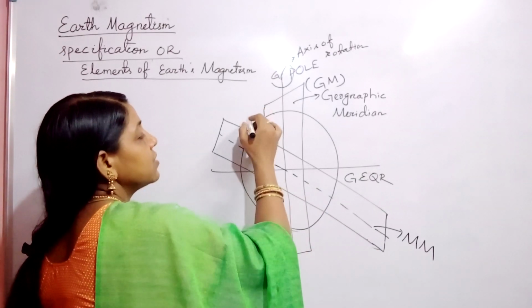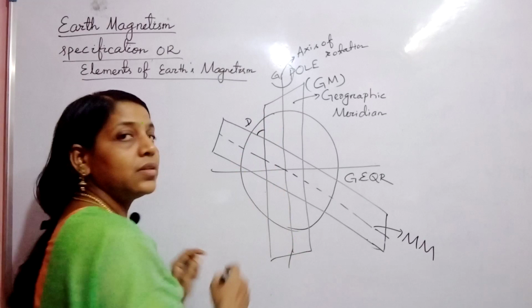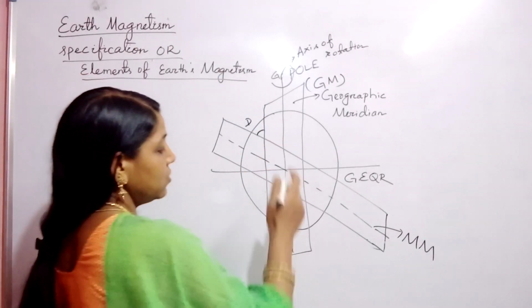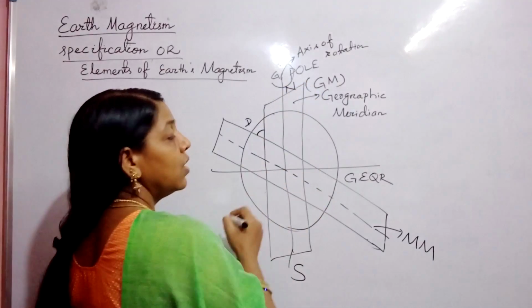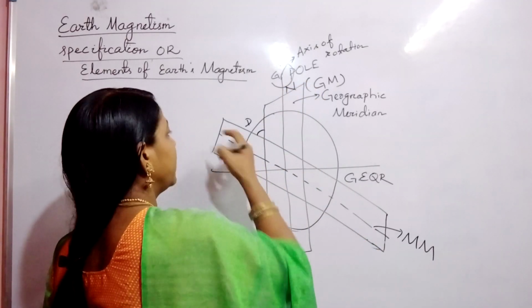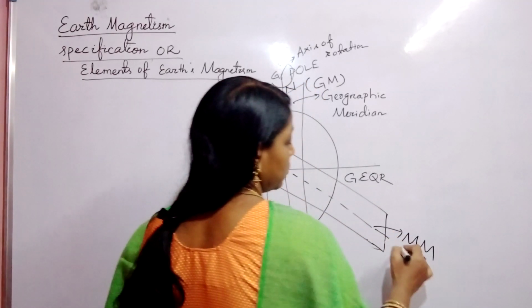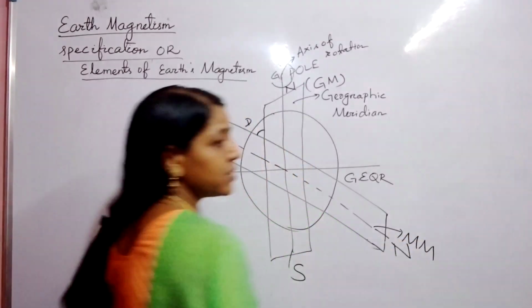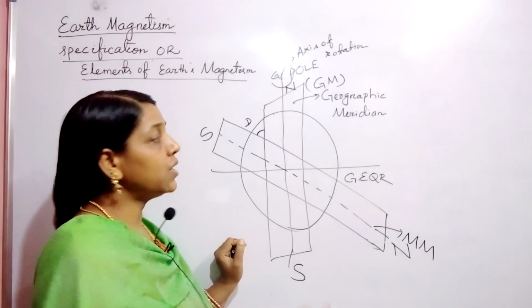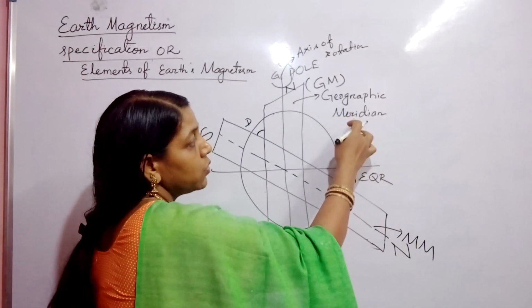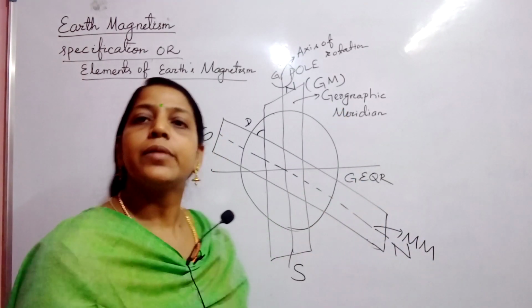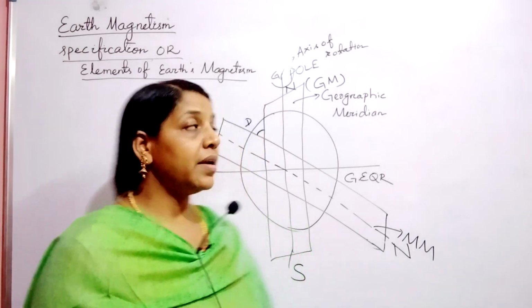This is called the declination. Now, this is our earth south, this is north. This is our earth's magnet south, this is earth magnet's north. So the angle between the GM and MM is called the declination.